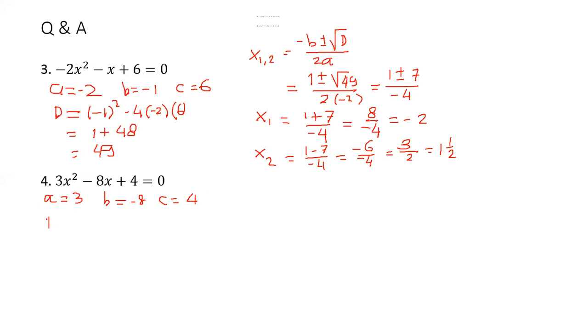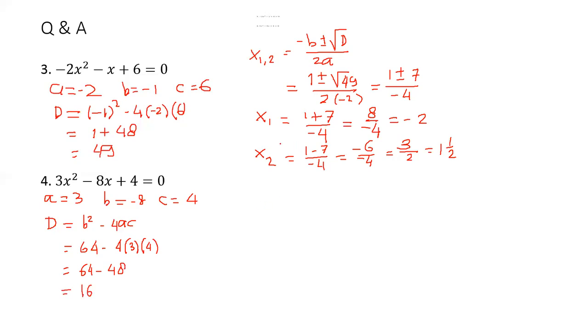Now, next step, we're going to find the discriminant. The discriminant is b squared minus 4ac. b squared means -8 squared, 64, minus 4 multiplied by 3 multiplied by 4. 64 minus 48. How much? 16.